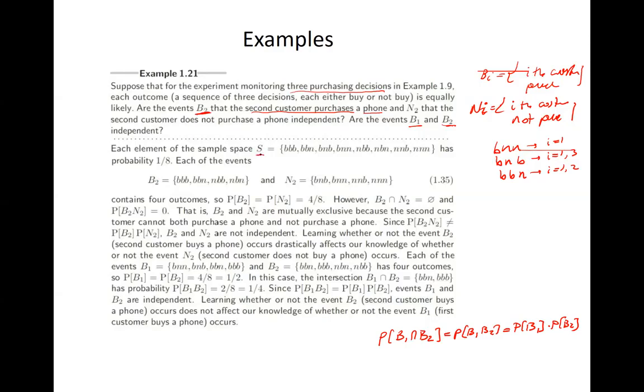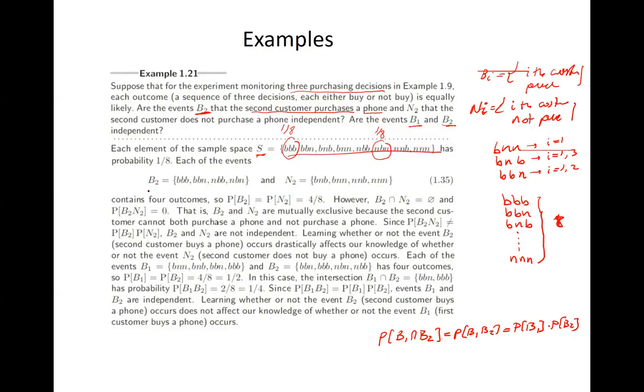The sample space here is easy. We start with B, B, B, and B, B, N, B, N, B. All the variations of this go to N, N, N. So a total of 8 outcomes. Since they are equally likely, probability of B, B, B is 1 over 8. Probability of N, B, N is 1 over 8. All outcomes have the same probability.